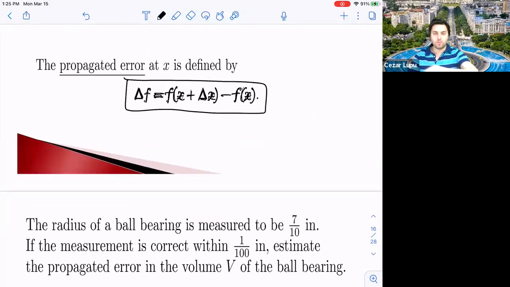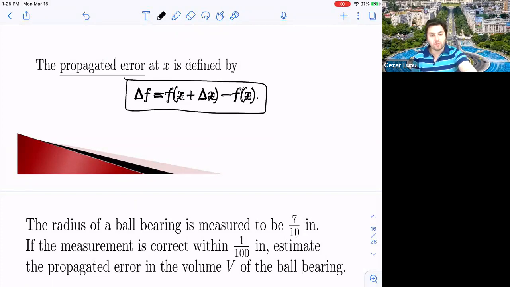All right, now let's see an application, an example. It's again a word problem, a very interesting problem. The problem says the following. The radius of a ball bearing is measured to be 7/10 inches.